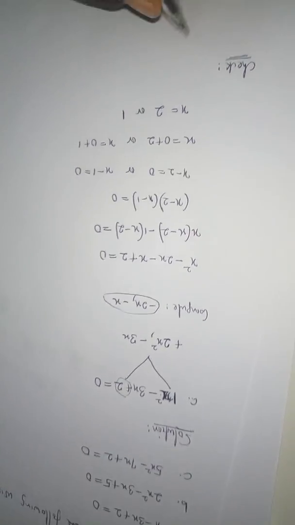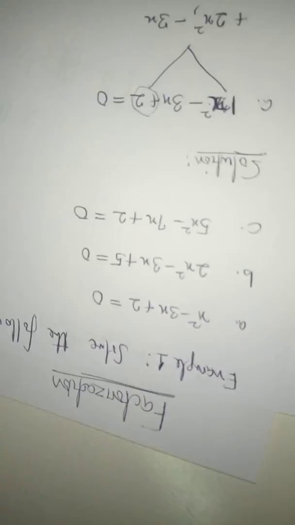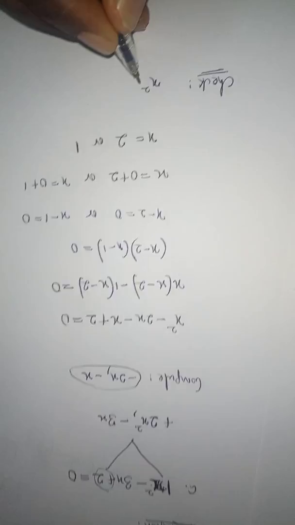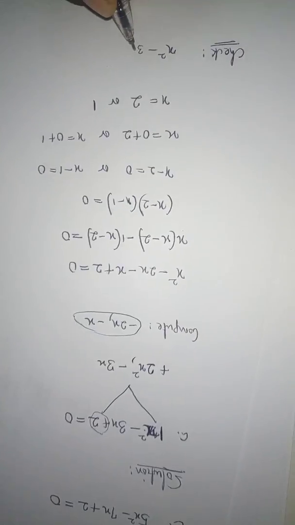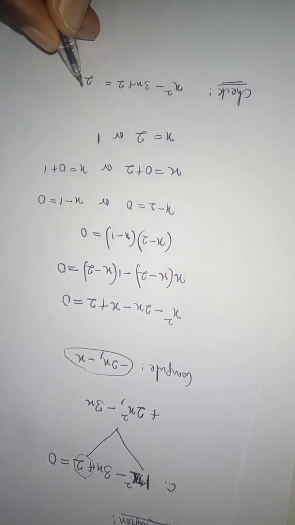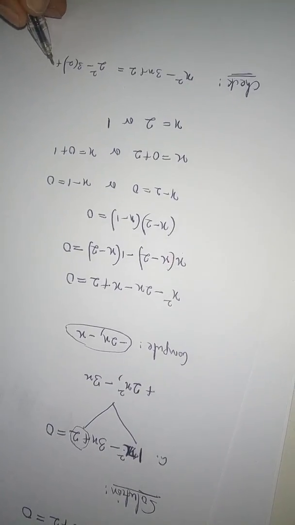Check. Substitute x equals 2 into the given equation and see if that is right. You have x squared minus 3x plus 2. Substitute x equals 2. That's 2 squared minus 3 bracket 2 plus 2.